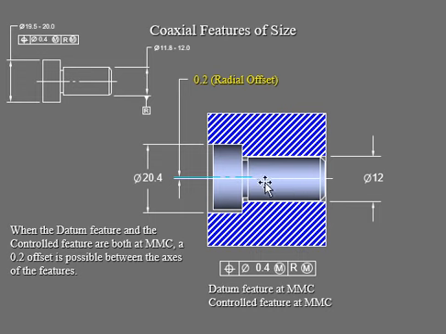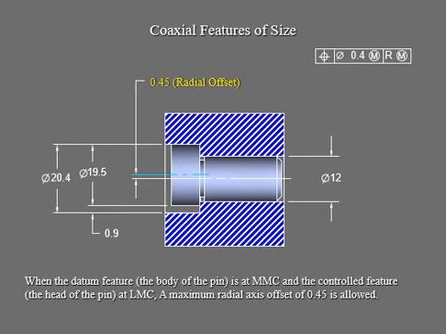This axis is coaxial because it's shared between this head and this chunk. That little offset happens because you're dealing with both parts at maximum material condition. So now your sizes: here 20.4, 19.5, and then here is going to be 12 for the diameter of the shank, and then of course the diameter of your head.